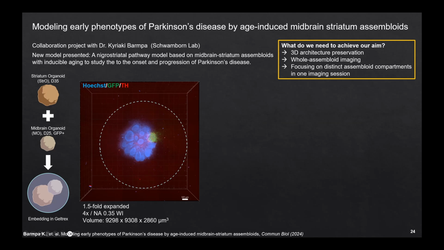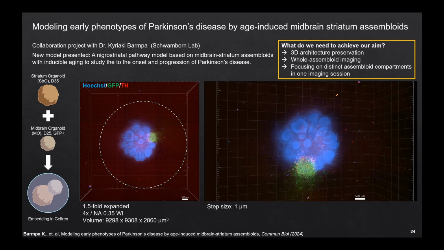The Geltrex was there and was visible a little bit in the far red, if we enhance the brightness and contrast a lot, but it's totally digested and it's not interfering in the sample when we want to acquire this in 3D.